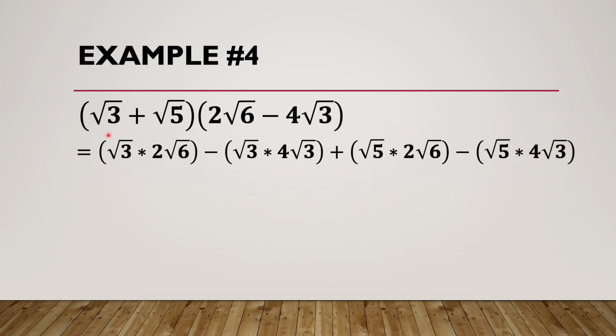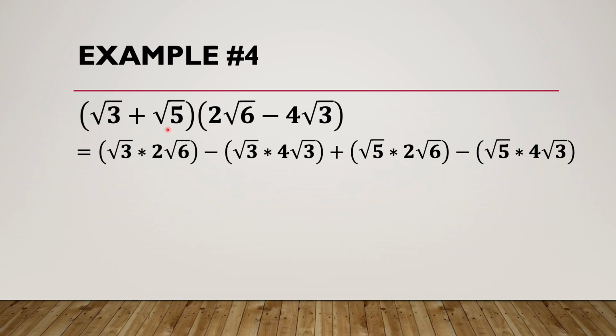Square root of 3 times 2 square root of 6. Positive, positive, so positive. Next, outer. Square root of 3 times negative 4 square root of 3. Positive, negative, becomes negative. This one.